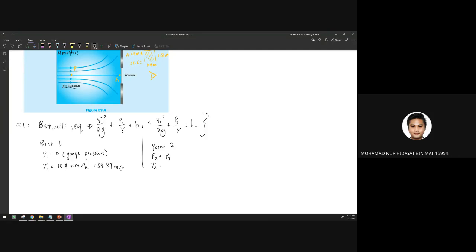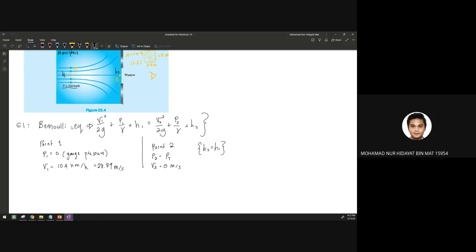Amirul Hakim, Fikri Ruzilan, is the car moving or stopped? Stopped. So when it is stopped, that means the velocity is 0. So height, do you think the height is the same? H1 and H2 are the same. So we can say that the elevation at point 1 and point 2 is the same.